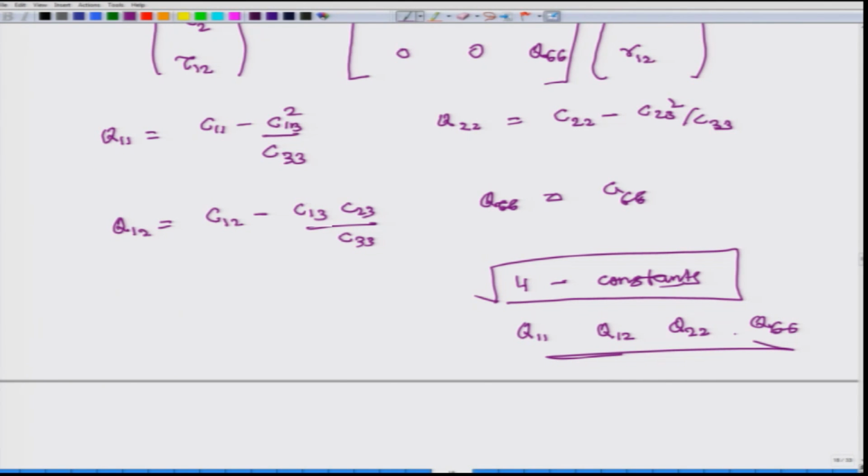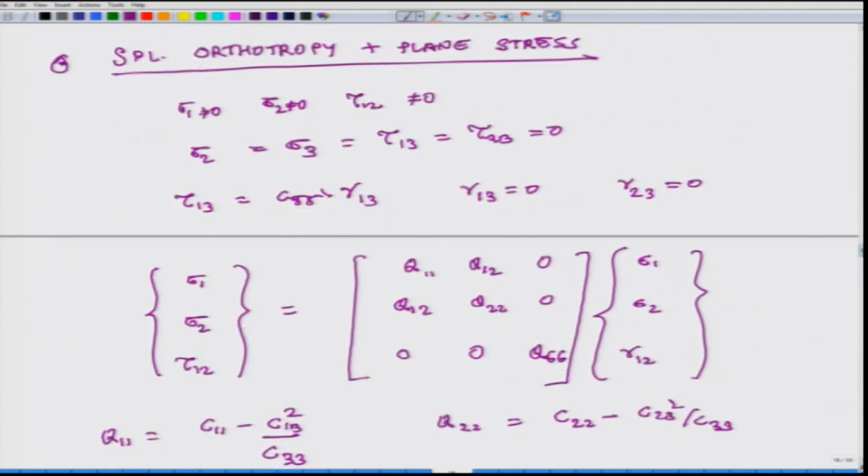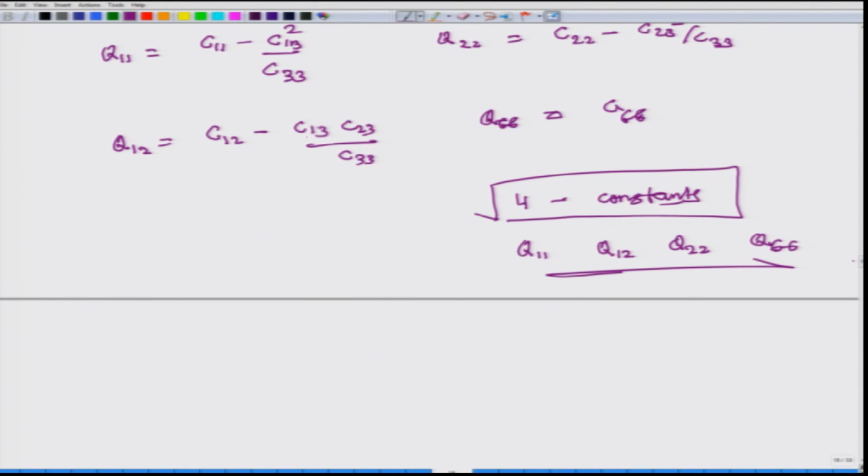We can do the whole mathematics and mechanics of these materials correctly, if that is the case. It may have other constants like C 5 5 and C 4 4, but because it is a plane stress situation, we do not need these. So, they are irrelevant to us. Instead of 9, we need only 4 constants, and these are these 4 Qs.